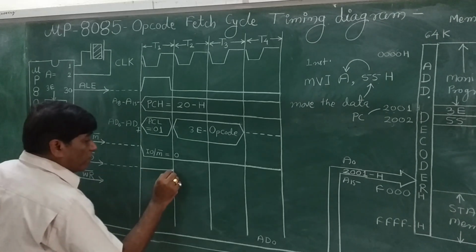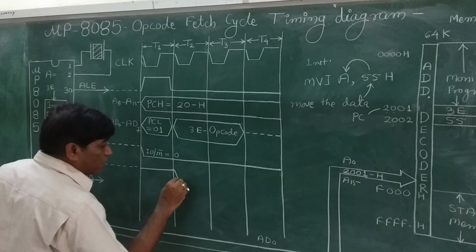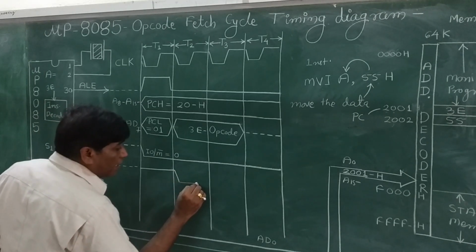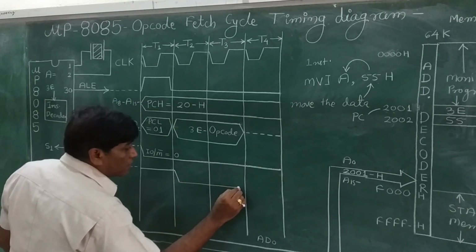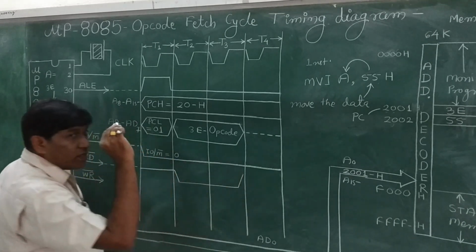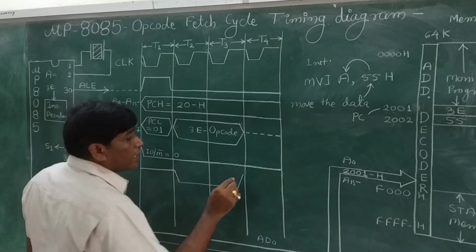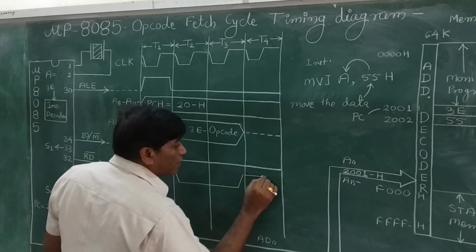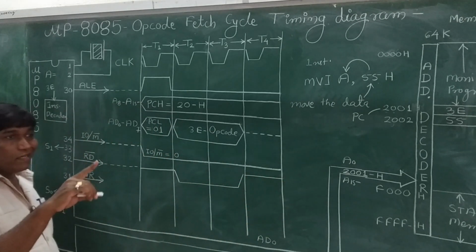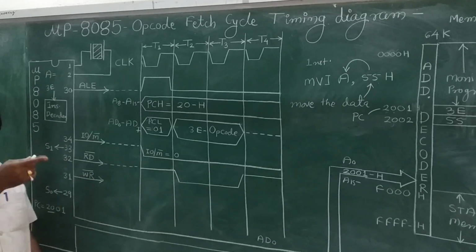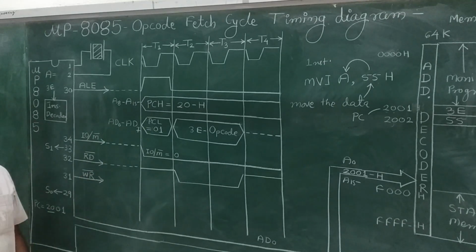So this read bar will be activated during T2 and T3. The things are similar to whatever we have studied in the memory read cycle and IO read cycle. Read bar should be activated during T2, T3, same as we have earlier studied.